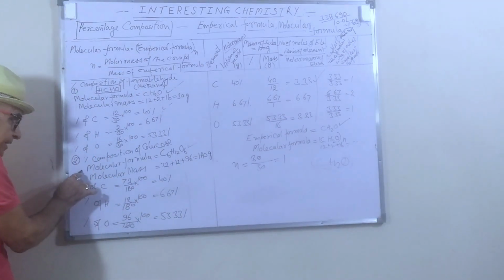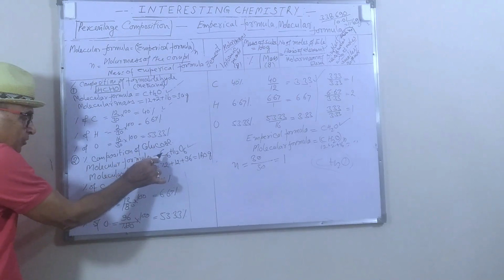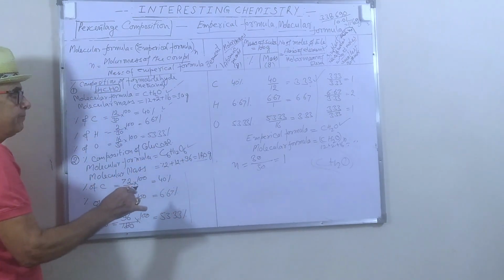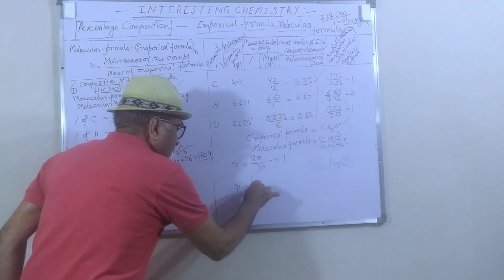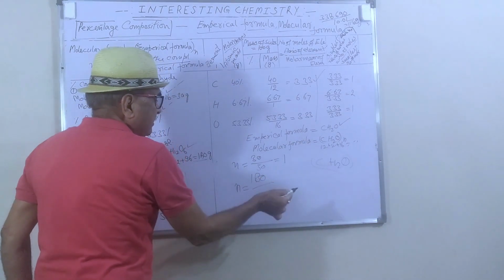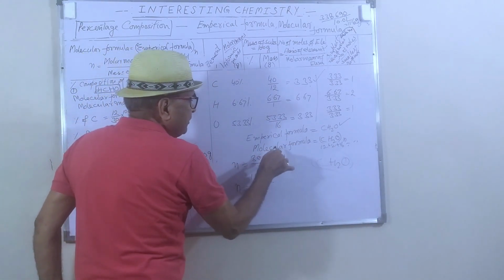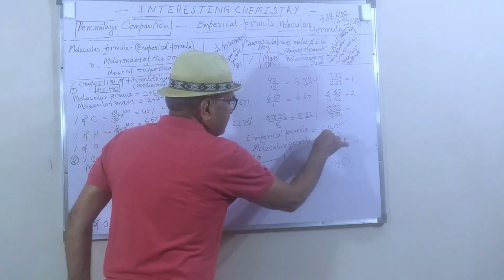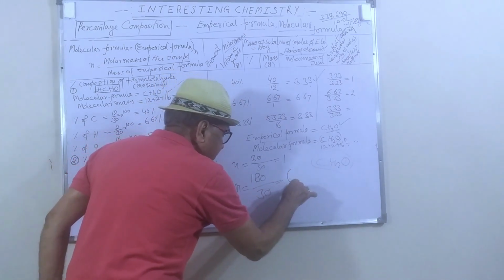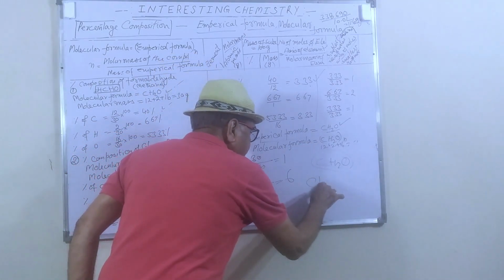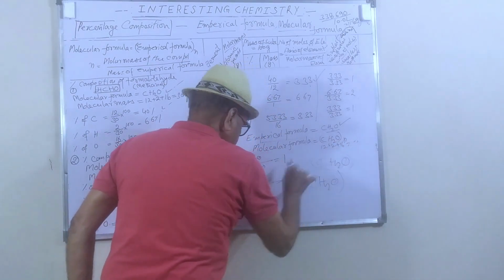But for the second case, the molecular mass of the glucose is 180. So the value of N is equal to 180 upon the mass of the empirical formula. The mass of the empirical formula is 30. So again you will have here 6. CH2O is multiplied, N is equal to 6.